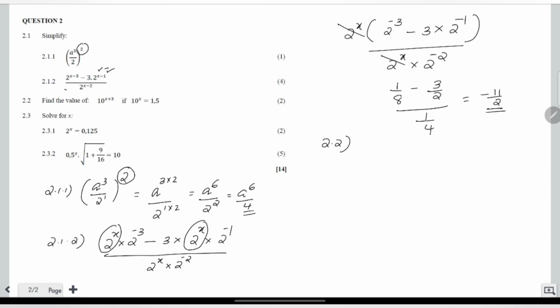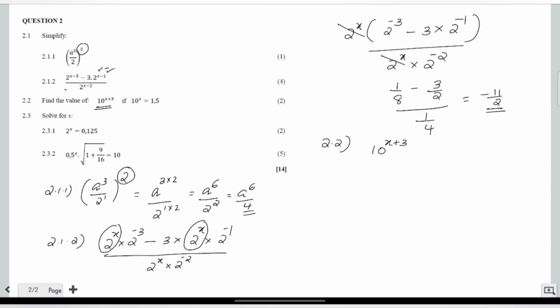What is that? Find the value of 10 to the power x plus 3 if 10 to the power x is 1 comma 5. So you have to find the numerical value of 10 to the power x plus 3. How do we get it? Because of the x you can't get it straight away, but it is given that 10 to the power x is equal to 1 comma 5. So you have to see 10 to the power x as it is.